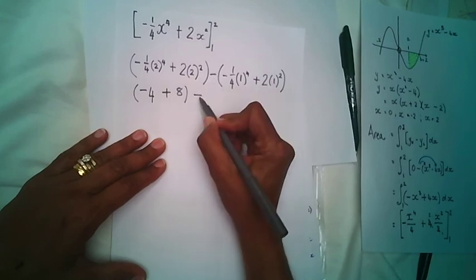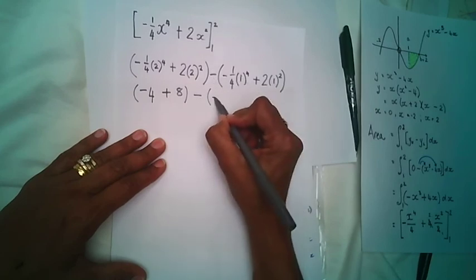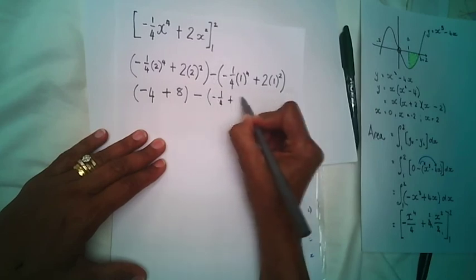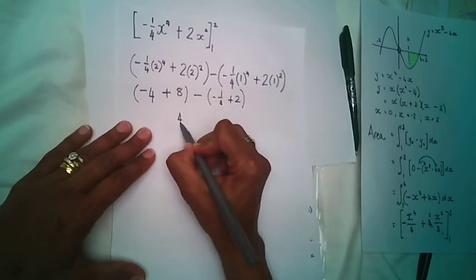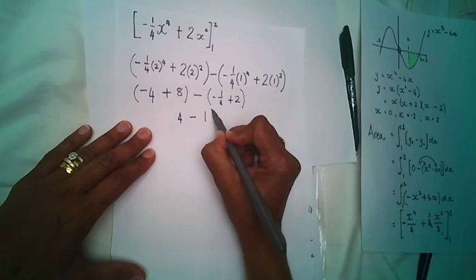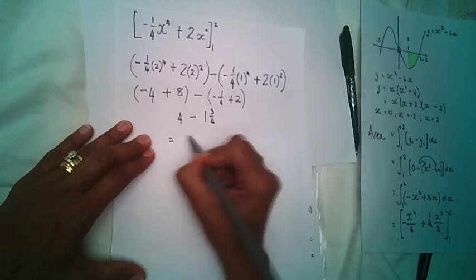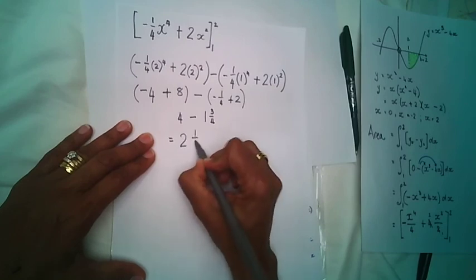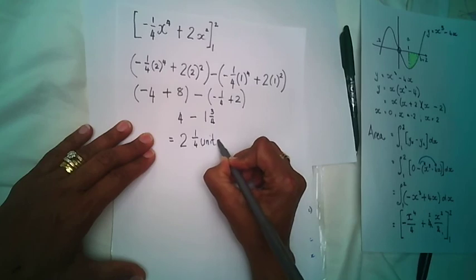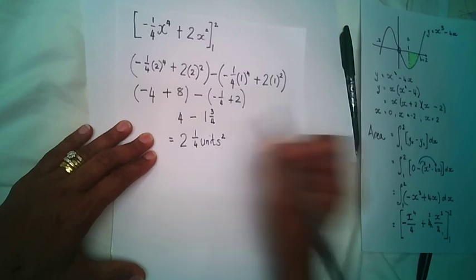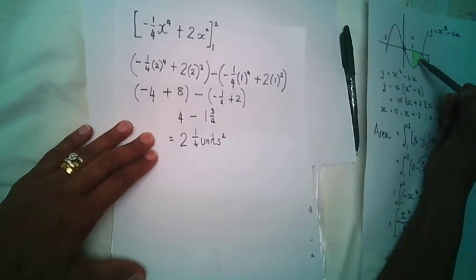So there's that minus again, and you've got that negative a quarter plus 2. In the slightly simplified form, you eventually end up with a final answer of 2 1/4 units squared for that little space which we've just calculated.